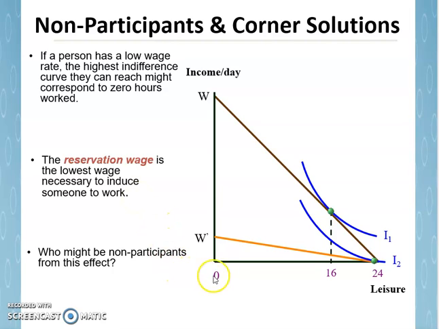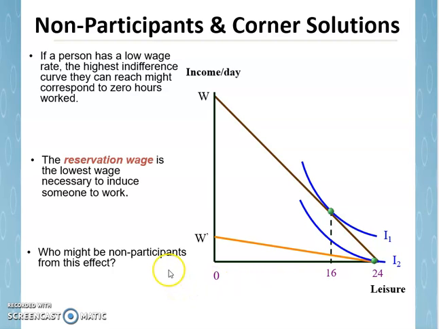So who are these non-participants? Some groups come to mind. One is young people. Young people have a low wage, teenagers generally speaking, and as a result, labor force participation among teenagers is lower than other age groups. So for teenagers, we are more likely to see this corner solution emerge. Another group is elderly people.